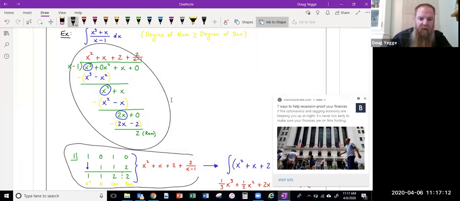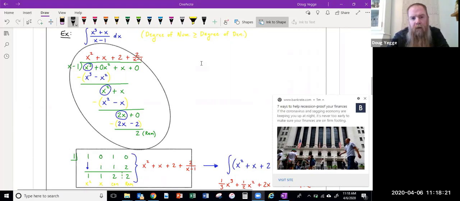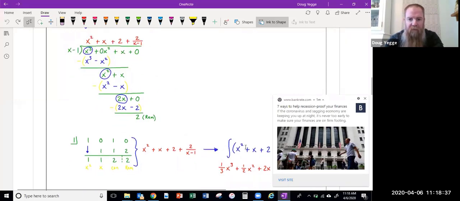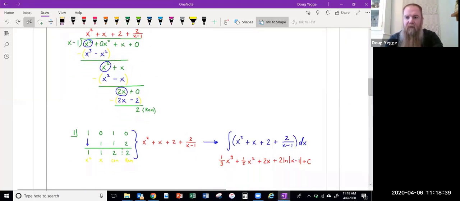Okay, so you can see what we ended up doing. When we had this rational function, since the numerator was greater than the denominator, we ended up dividing, and look at how dividing gave us a different form. Now when we have this different form, notice that all we're expected to integrate at this point is way over here.